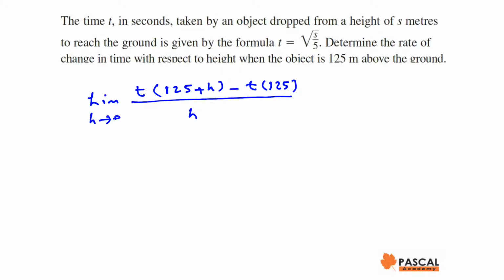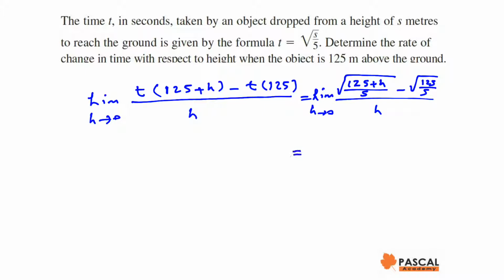This rate of change is (t(125+h) - t(125)) divided by h, which is the same as the limit of (square root of (125+h)/5 minus square root of 125/5) divided by h as h approaches 0. To find this limit, we have to rationalize the numerator.